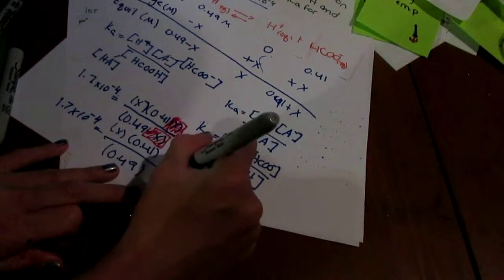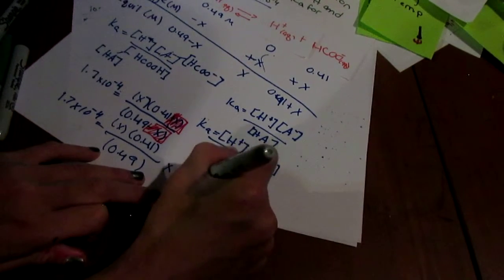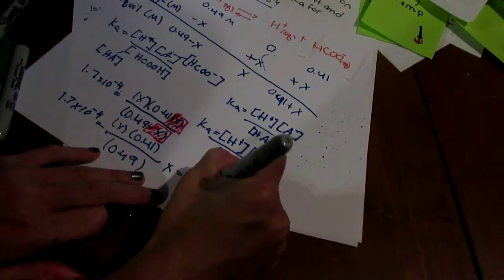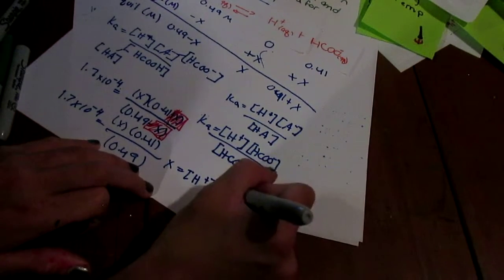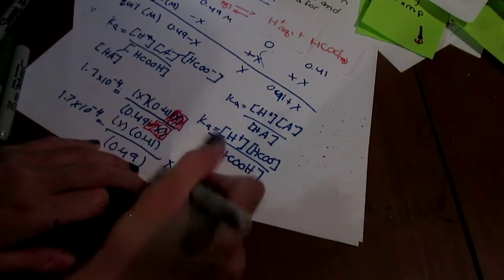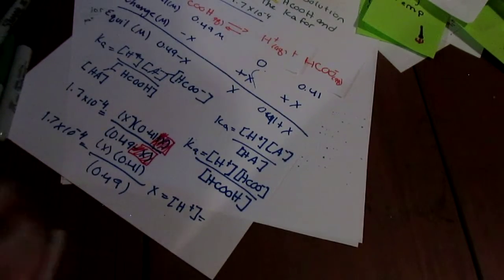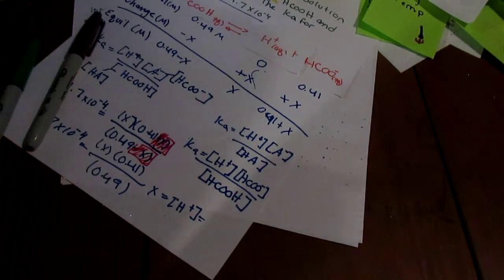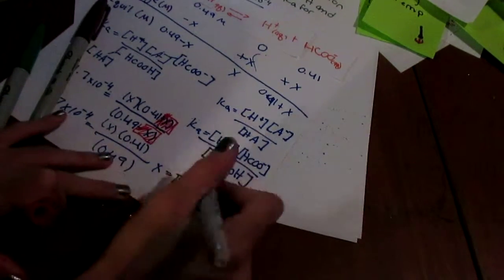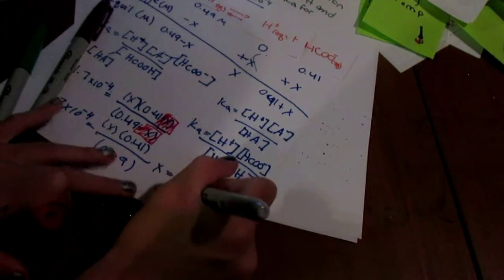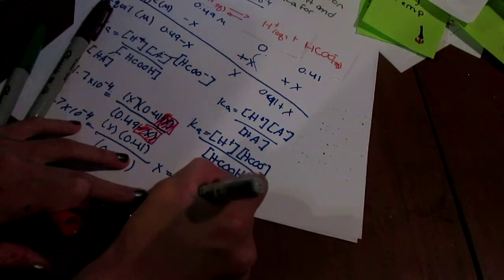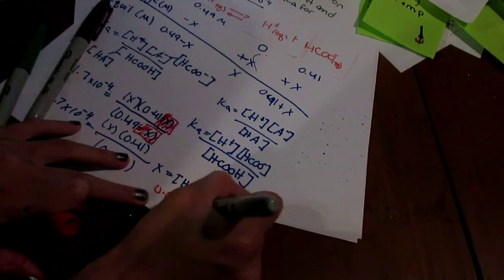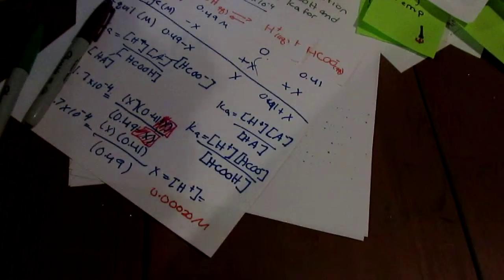And so that will make our x equal to our hydrogen concentration of, and I'm going to write it right down here in a different color so you can see, 0.00020.